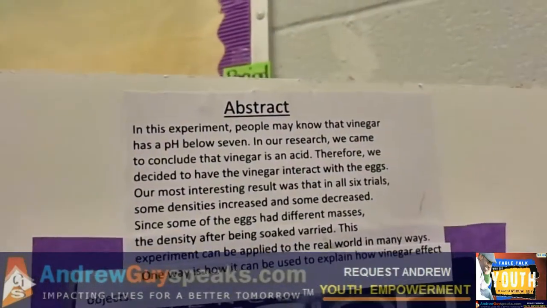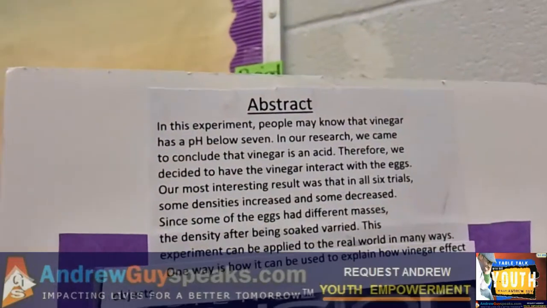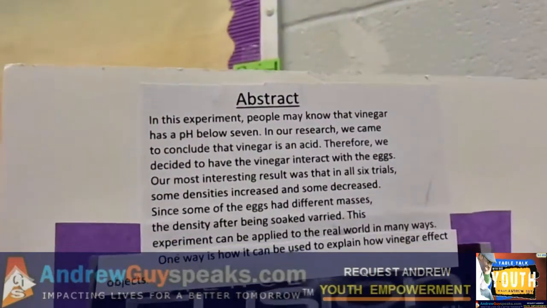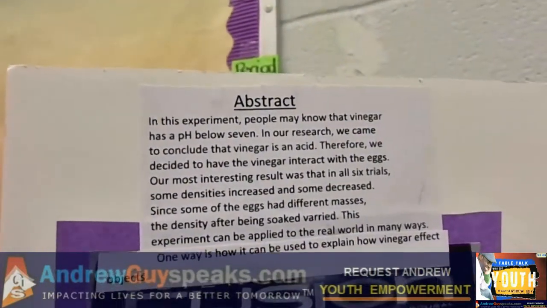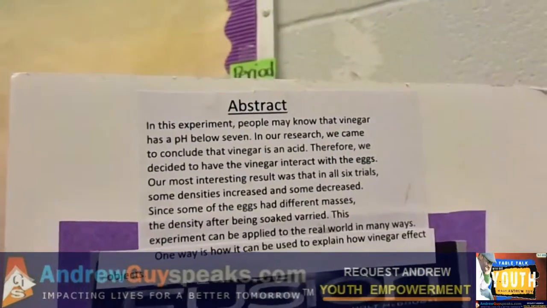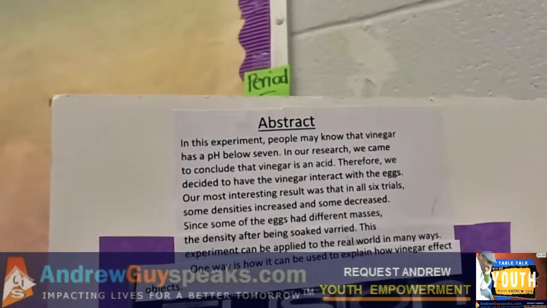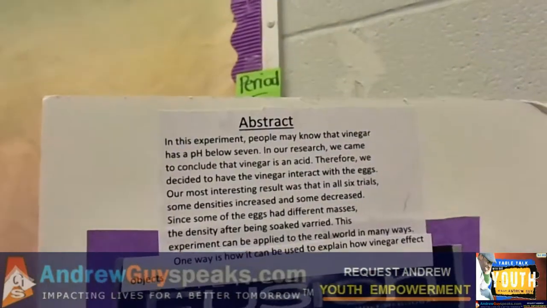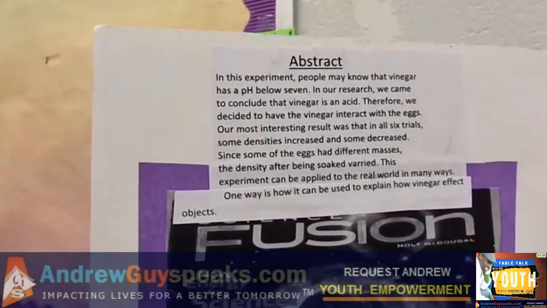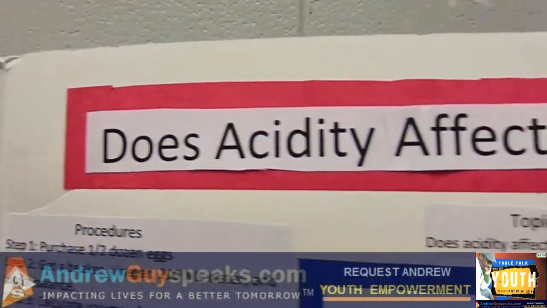Since some of the eggs had different masses, the density after being soaked varied. This experiment can be applied to the real world in many ways. One way is how it can be used to explain how vinegar affects objects. I think that's wonderful. And that right there, that's his title.